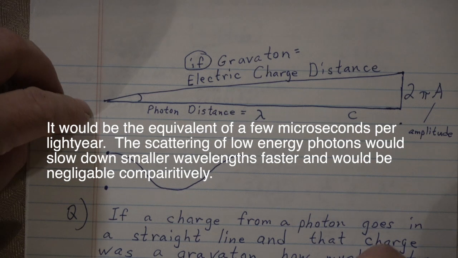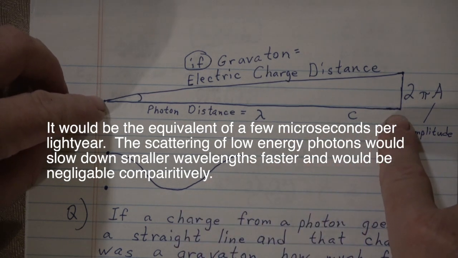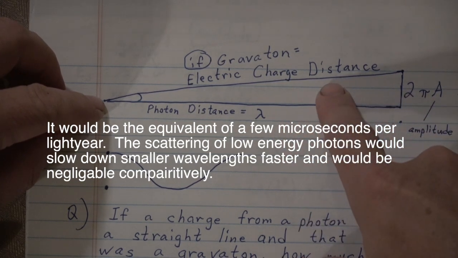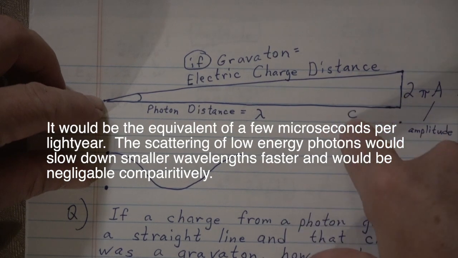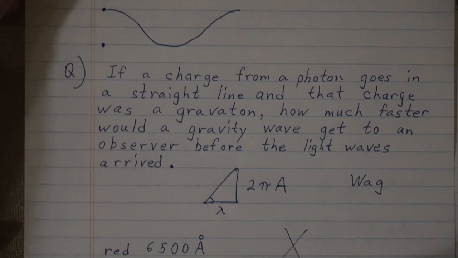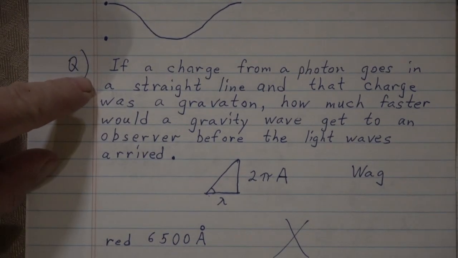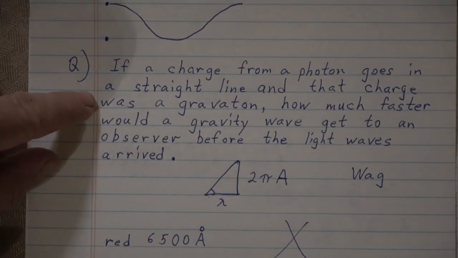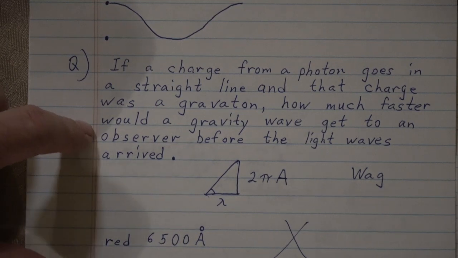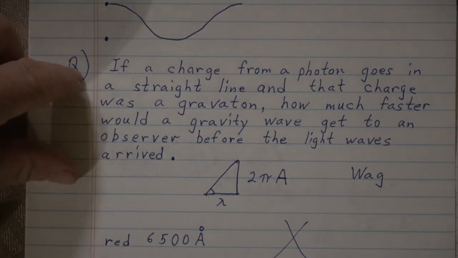So with the equation that I finally decided on being the most likely, when I do a squared plus b squared equals c squared in a calculator, these numbers are the same, so virtually it is negligible. Going back to the gravity, if a charge from a photon goes in a straight line and that charge was a graviton, how much faster would gravity waves get to an observer before the light waves arrived? My conclusion on this was they don't.